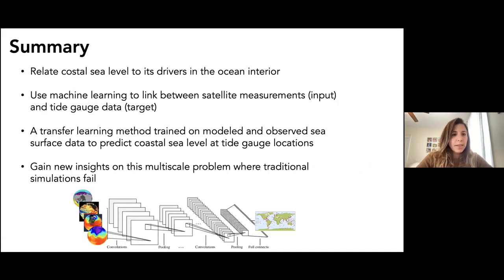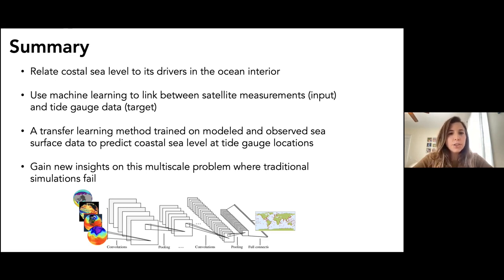So I'm going to summarize, and then I have some questions that I thought could be used as a discussion and also assistance over the next few weeks. So to summarize, what I'm planning and hoping to do is relate coastal sea level to its drivers in the ocean interior.